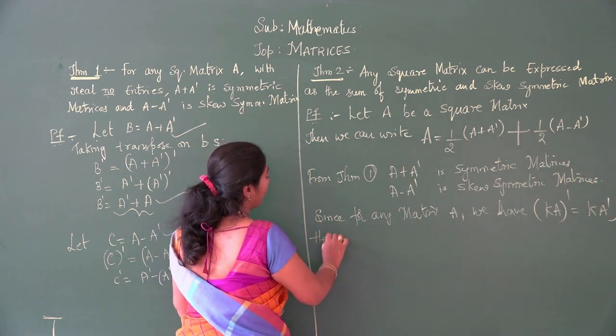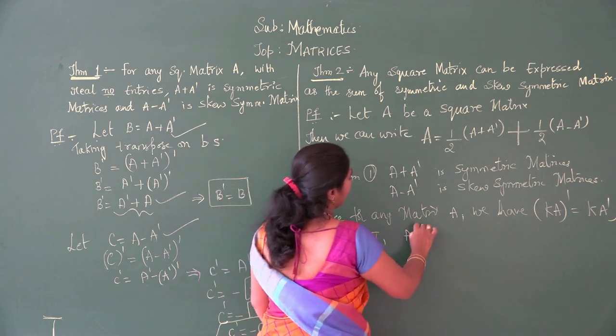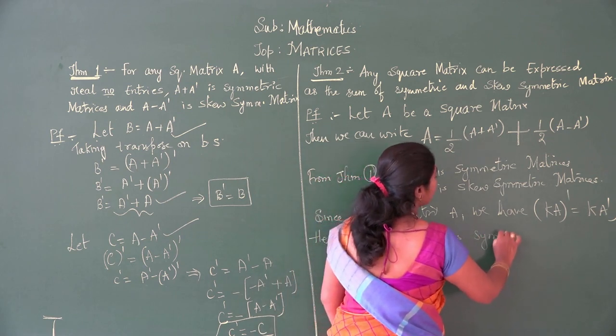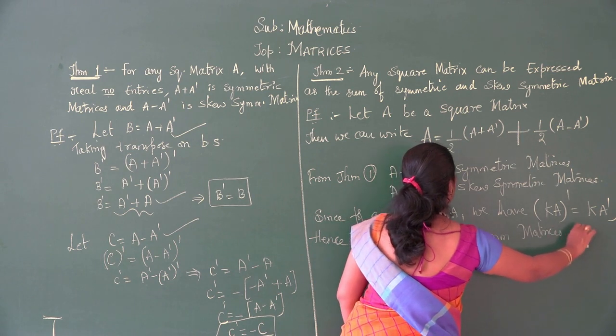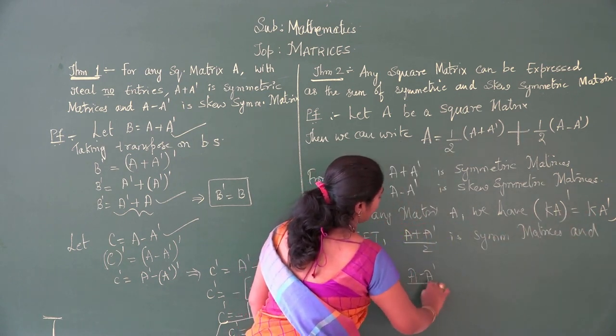Hence, it follows that (A plus A dash) by 2 is a symmetric matrix and (A minus A dash) by 2 is a skew symmetric matrix.